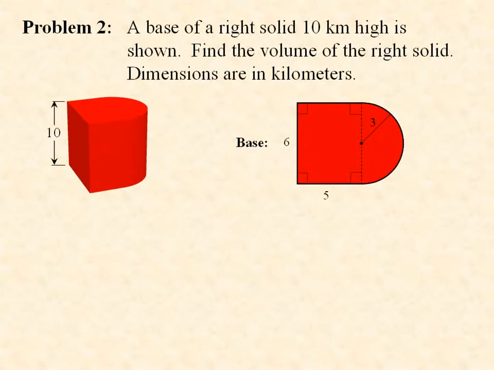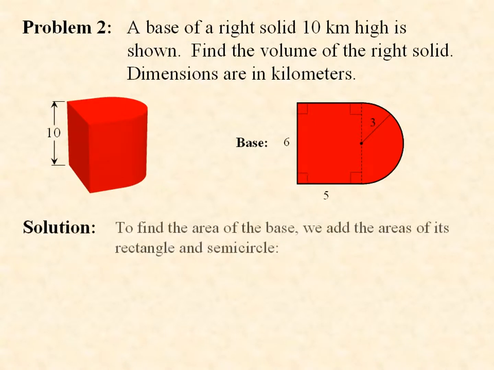Problem 2. A base of a right solid 10 kilometers high is shown. Find the volume of the right solid. To find the area of the base, we add the areas of its rectangle and semicircle.